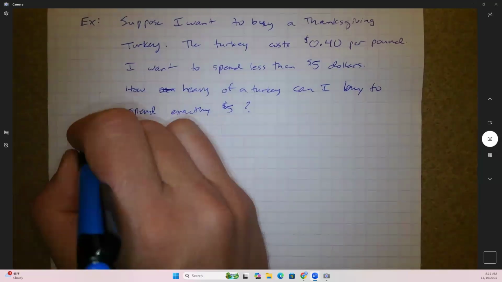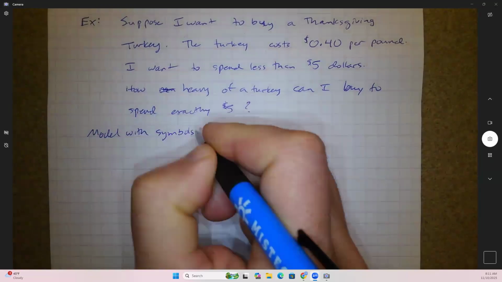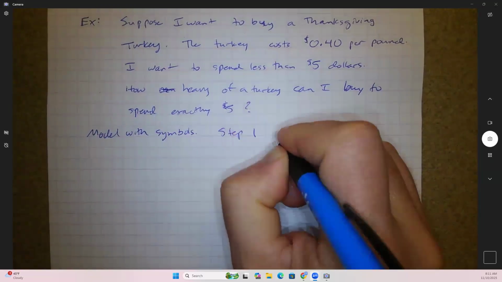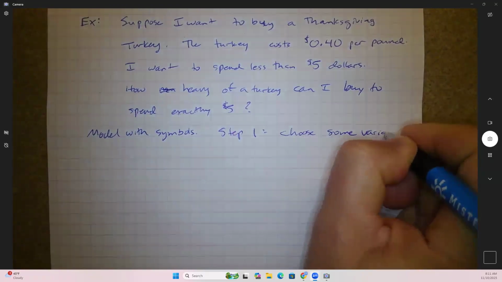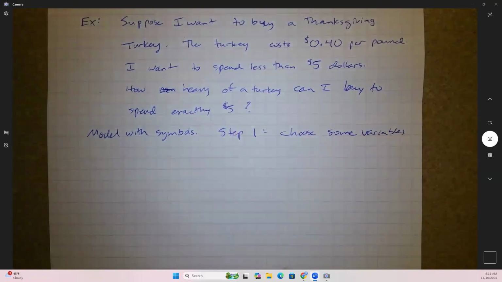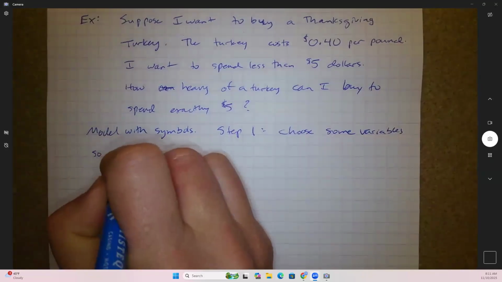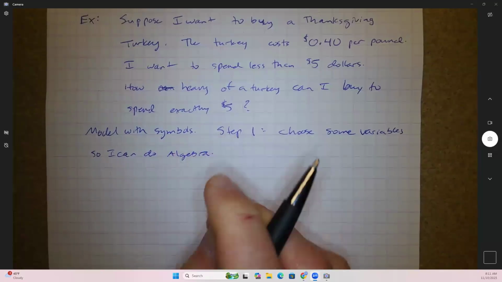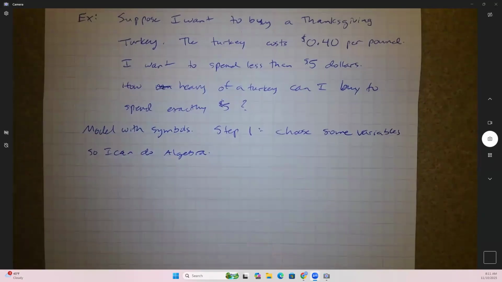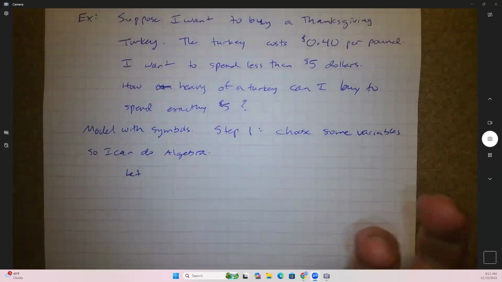Now, if you want to model this with symbols, the first step is to choose some variables so that I can do algebra. And here, probably what I want to choose is, I like to always use X when I can.